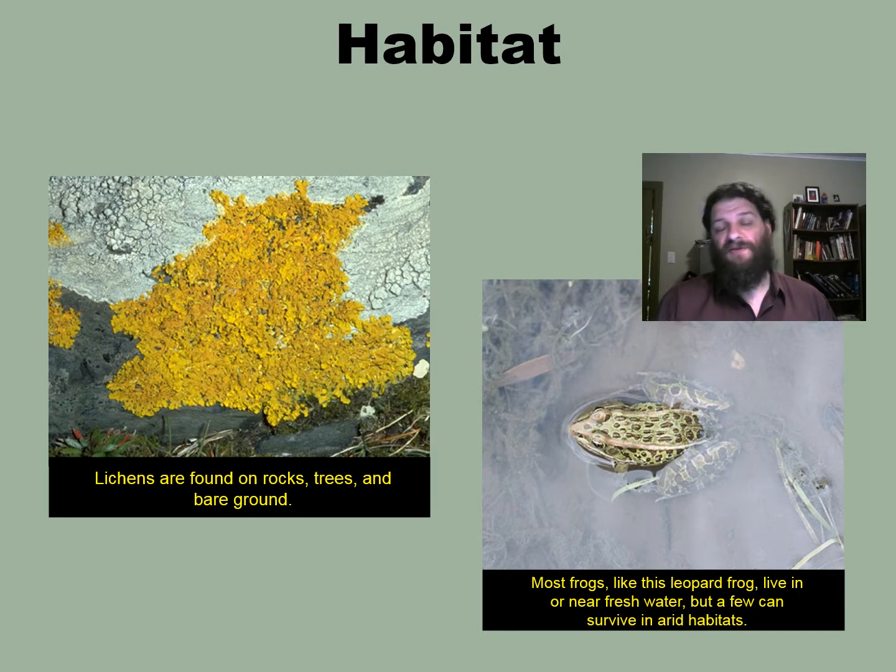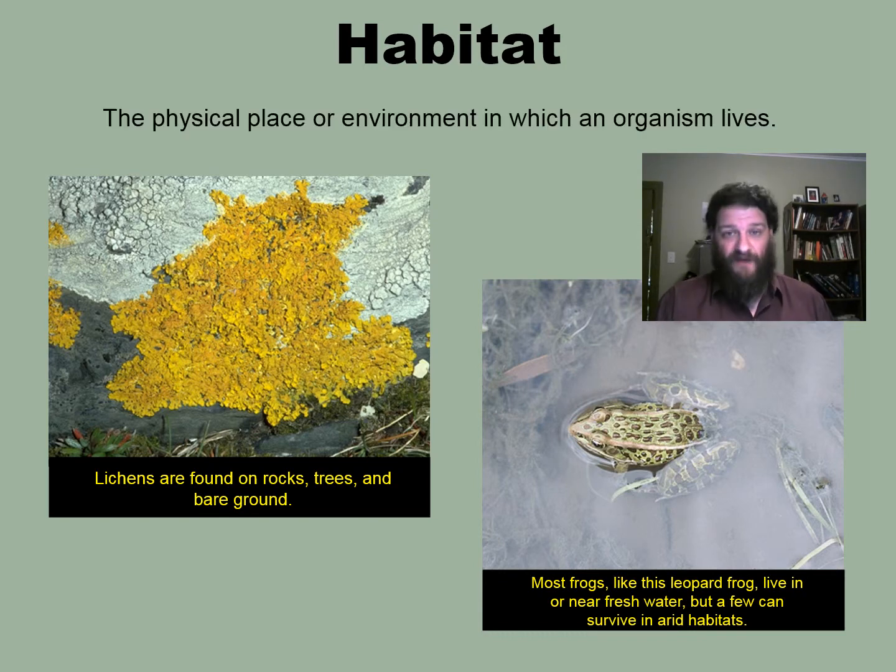These optimum ranges of resource availability will determine the habitat that an organism is able to survive in. So the habitat is the actual place that has all of the optimum range for that particular organism, for all of their resource requirements.